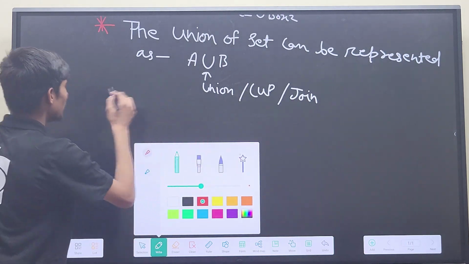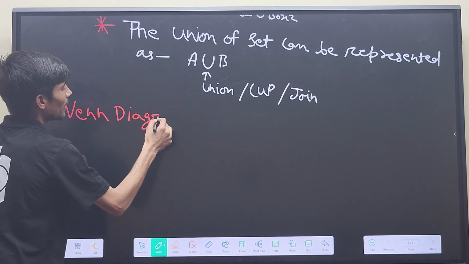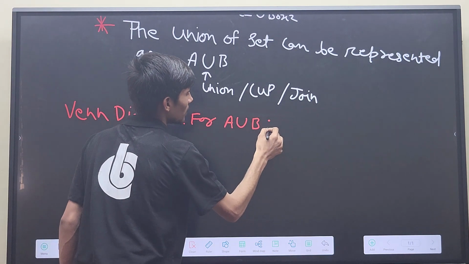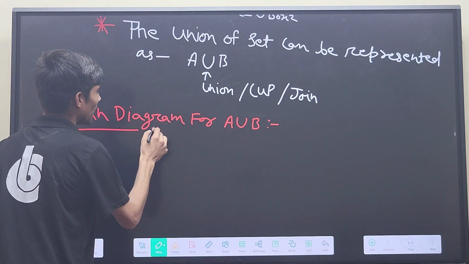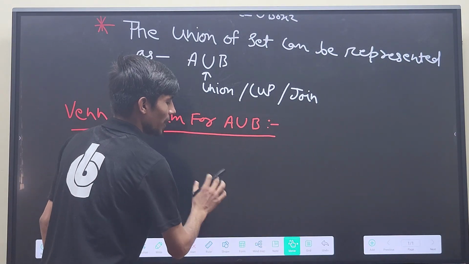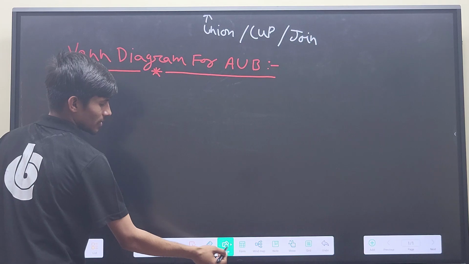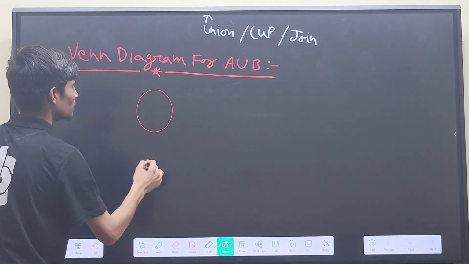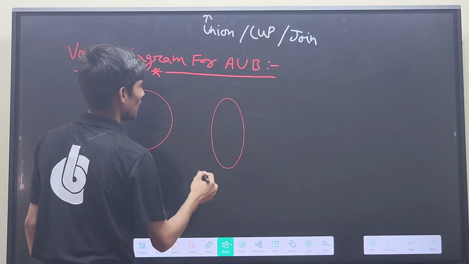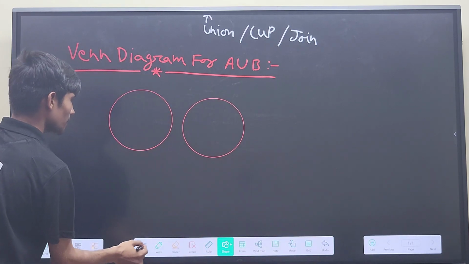Make a simple heading: Venn diagram for A union B. Again, I am going to make 2 circles, one circle and another circle. Clear?